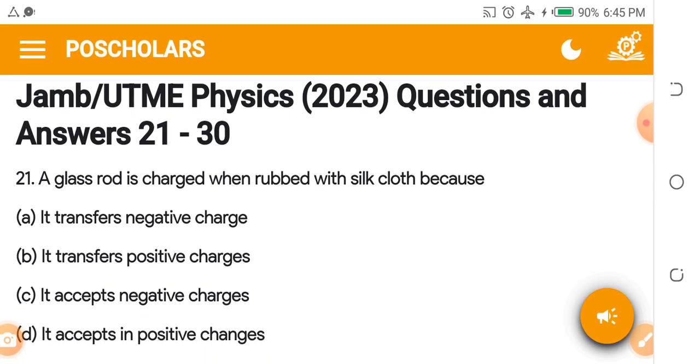B, it transfers positive charge. C, it accepts negative charge. D, it accepts positive charge. I won't tell you the answer, so I need you to go under the comment and tell me the answer of question 21. I'm not telling you the answer. Go under the comment and tell me the answer to this question.